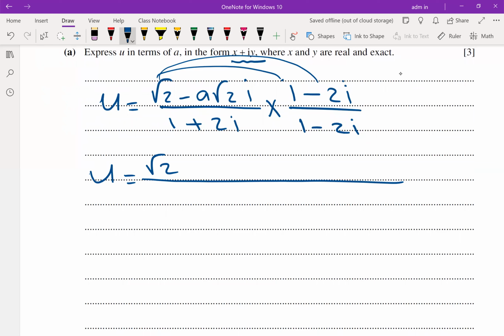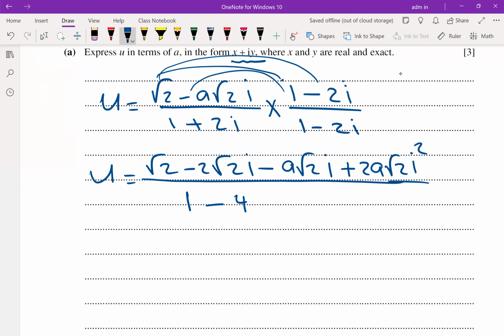Then root 2 times minus 2i will be minus 2 root 2 i. Then minus a root 2 i. Then negative times negative is positive 2a root 2 times i squared, all divided by 1 minus 4.